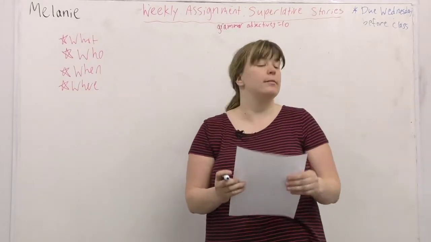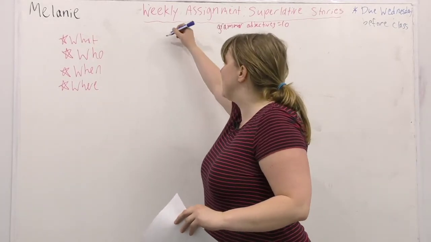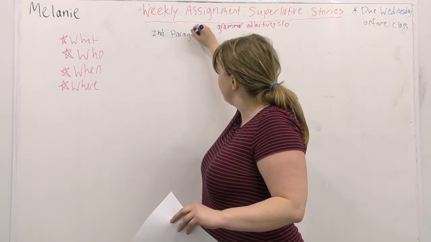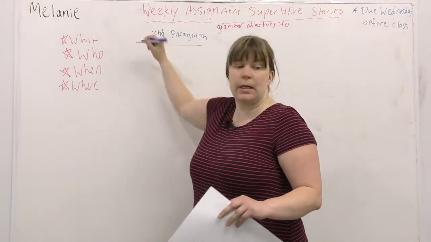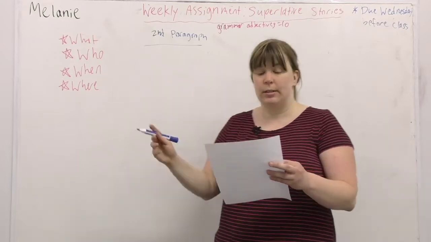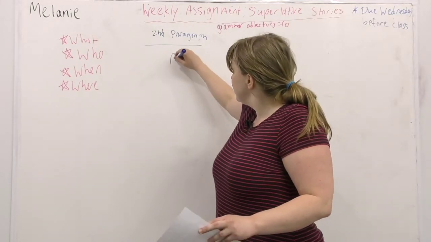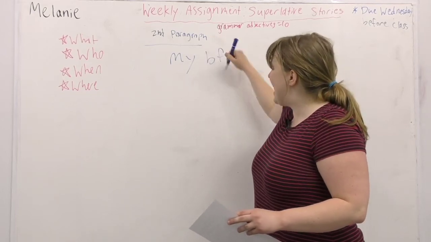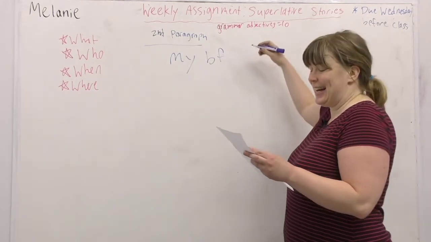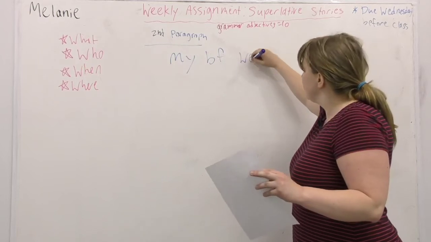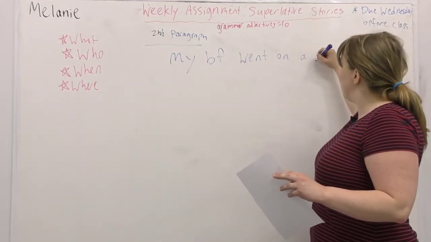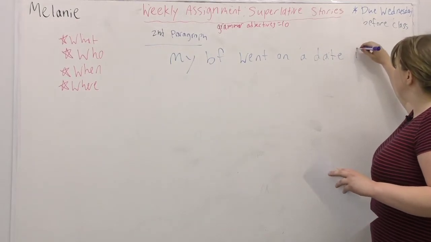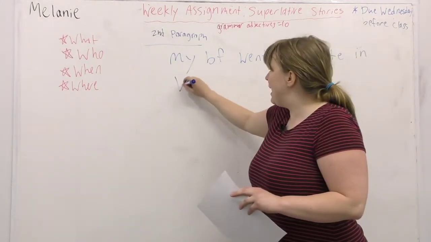Okay. Let's see. Okay, so here's my second paragraph. All right, so let's see how I start. So I'm gonna shorten what I told you. So my BF, short for boyfriend, went on a date in Vancouver.